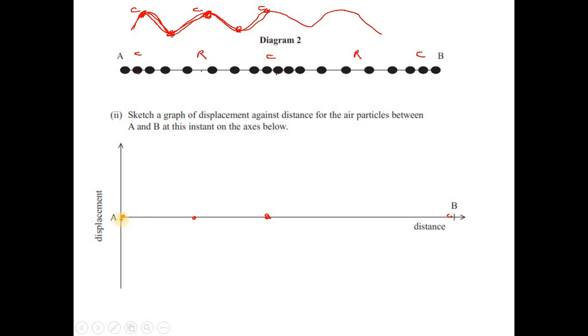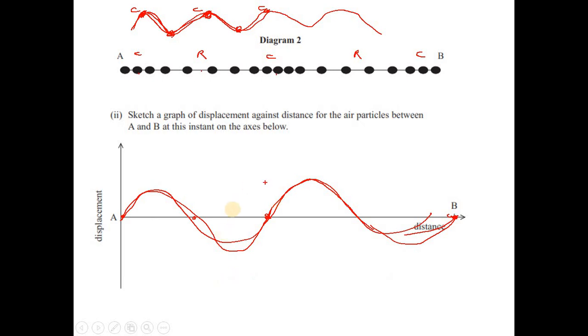So you can imagine something like this. This wave should come to the point B, something like this, with equal amplitude. That's how you need to plot.